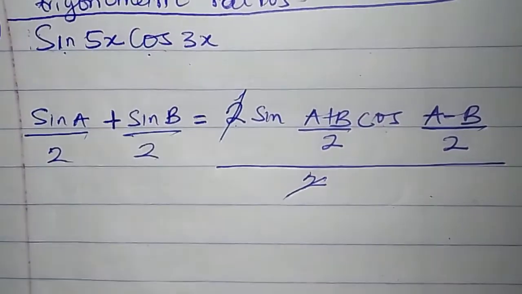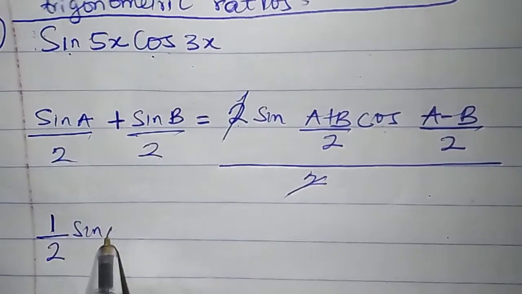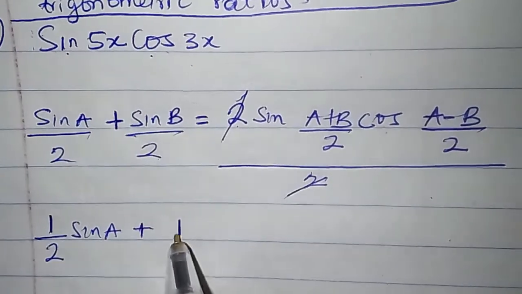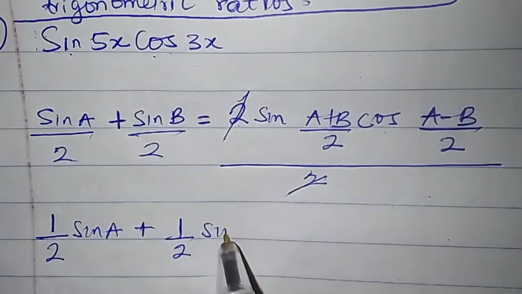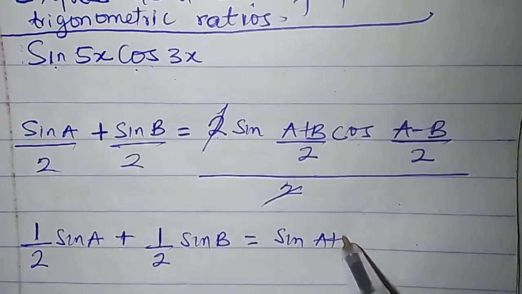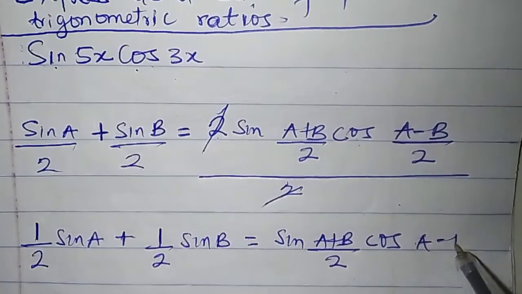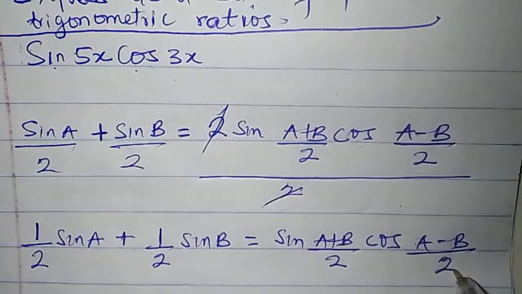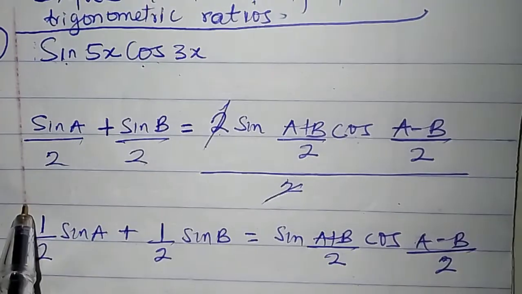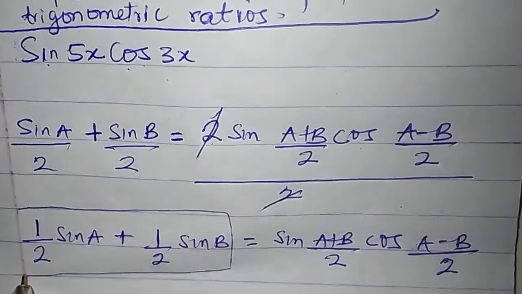So we'll be having half sine A plus half sine B, which is equal to sine (A plus B) over 2 cos (A minus B) over 2. So the result that we will get will look like this. It will be in this form.